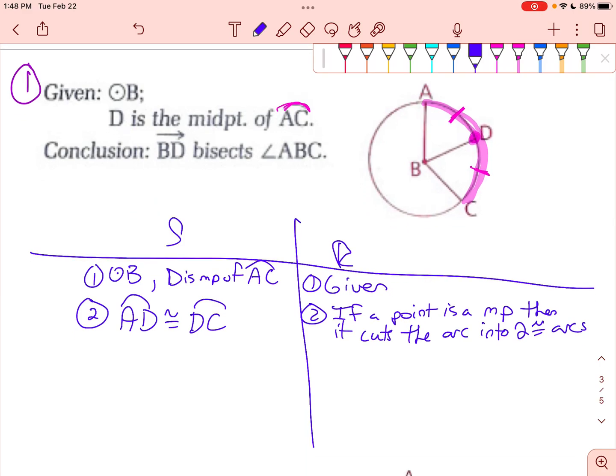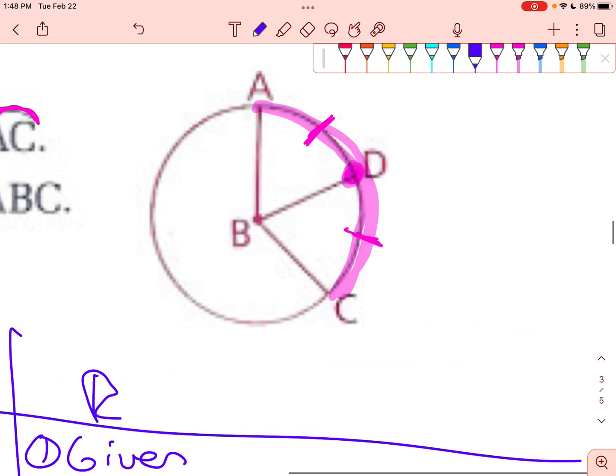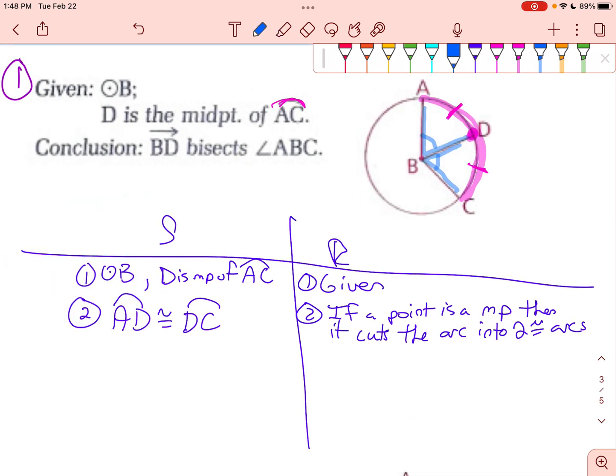Now here is what we have been talking about. So if I have arcs that are congruent, then the angles that make those arcs also have to be congruent. So next I'm going to say angle ABD has to be equal to angle DBC.